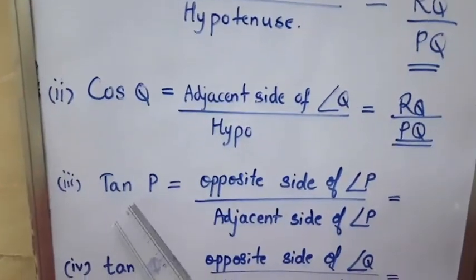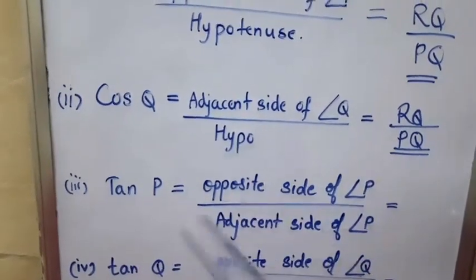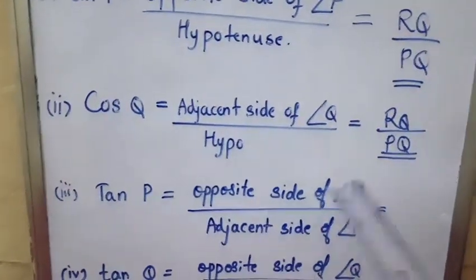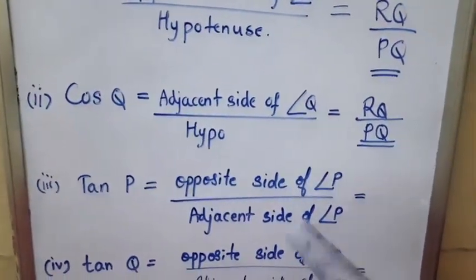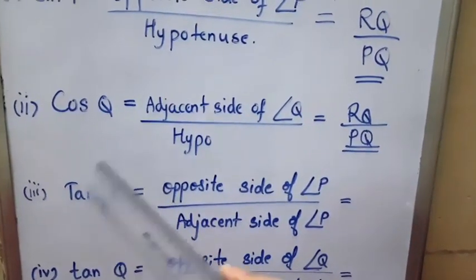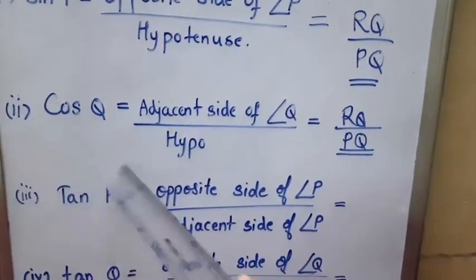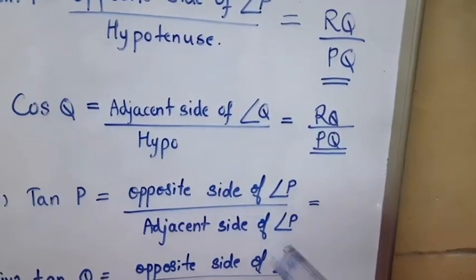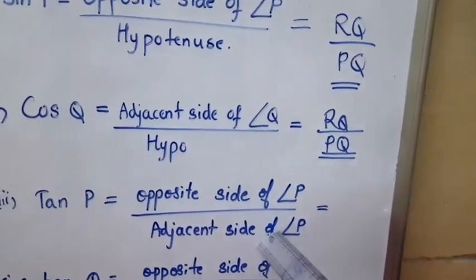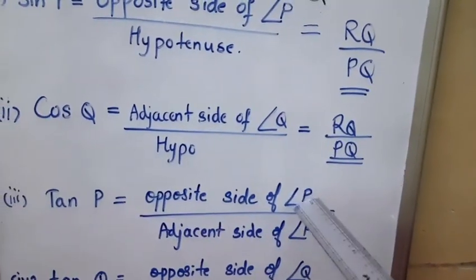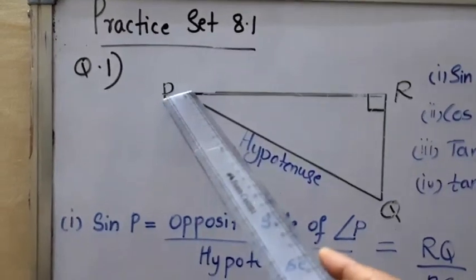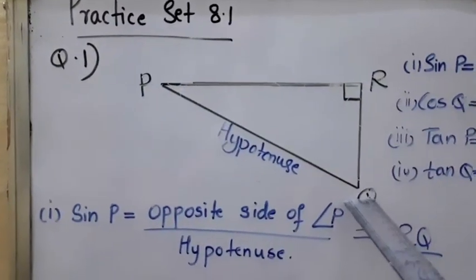Third one, tan P. Formula for tan ratio is opposite side upon adjacent side. Here we have to write the same angle which they have asked in the question. So since it is P, we will write opposite side of angle P upon adjacent side of angle P. Now again we have to see which is the opposite side of angle P. This is angle P. Opposite side of angle P is RQ.